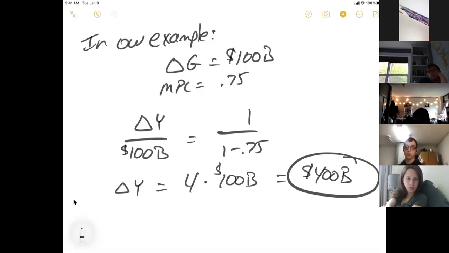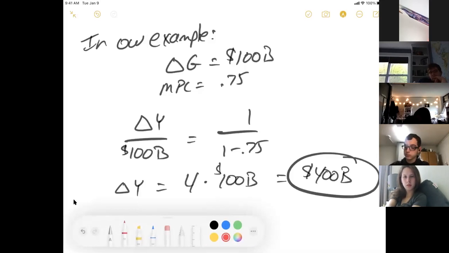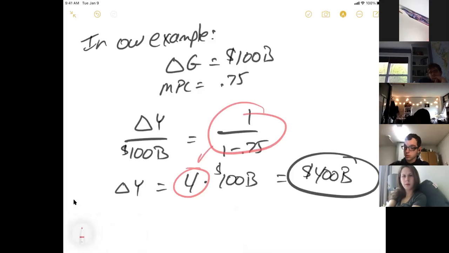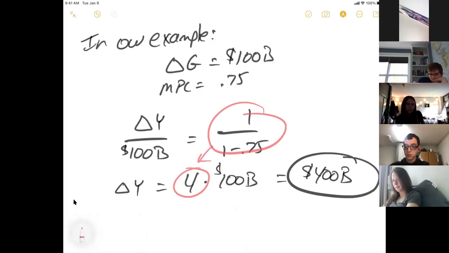It would change by 4 times that. So our multiplier here is actually 4, right? 1 over 1 minus 0.75 is equal to 4. So our government multiplier is 4 here.